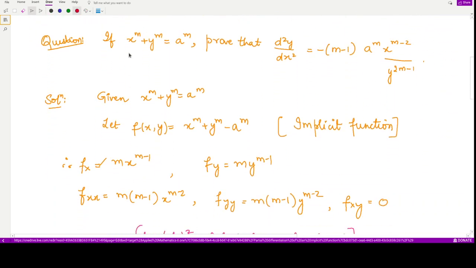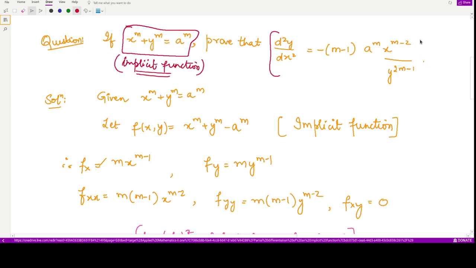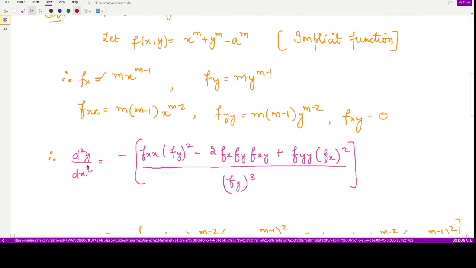The question here is x raised to the power m plus y raised to the power m is equal to a to the power m. This is the given implicit function. Now you have to prove that the second derivative for this implicit function is given by this particular expression. So we'll use the implicit formula for the second order derivative.